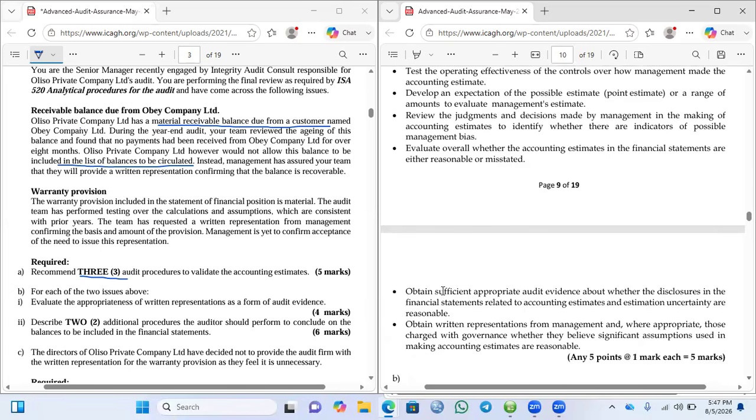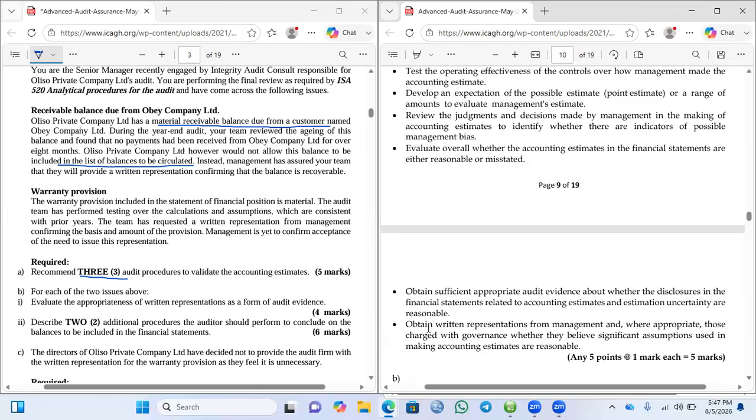Then it says obtain sufficient appropriate audit evidence about whether the disclosures in the financial statement related to the accounting estimates and estimation uncertainty are reasonable. So you also have to check for disclosures of such estimates in the financial statement.